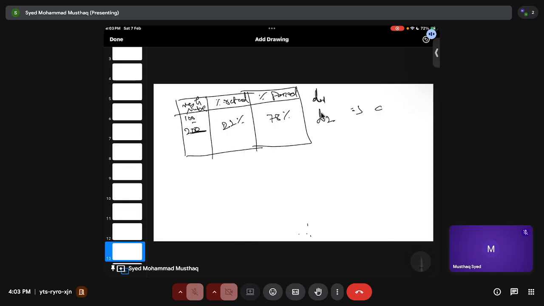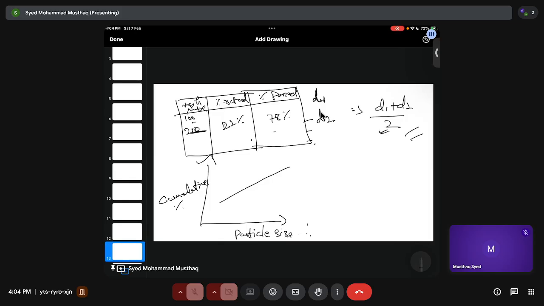So we can directly use this formula, it tells you the average, but we can use it only if your mesh number and the cumulative percentage passed are linear. So let's say this is my particle size, and it is a cumulative. If it is linear, then you can follow this formula.